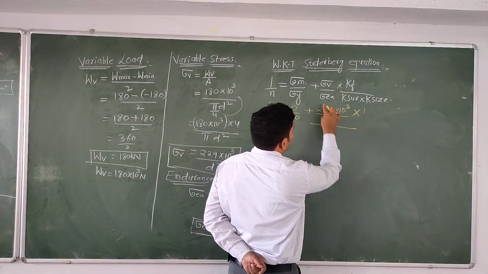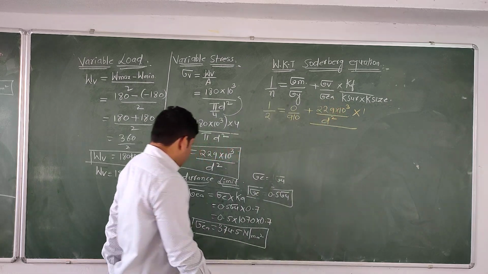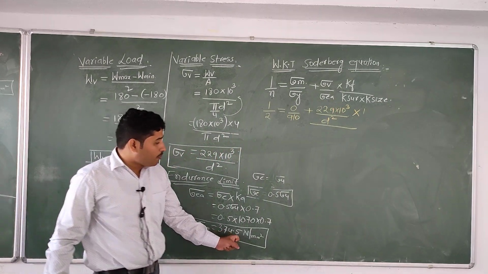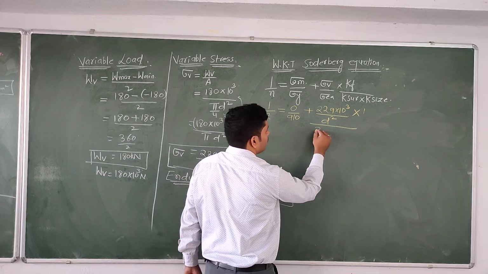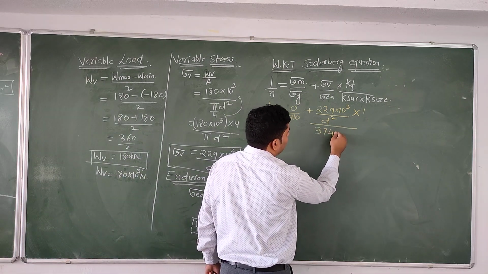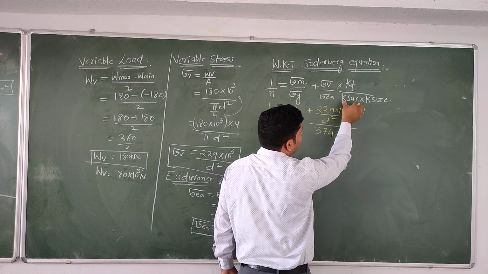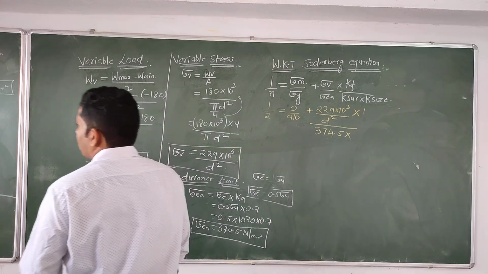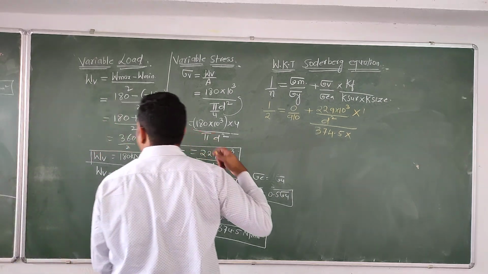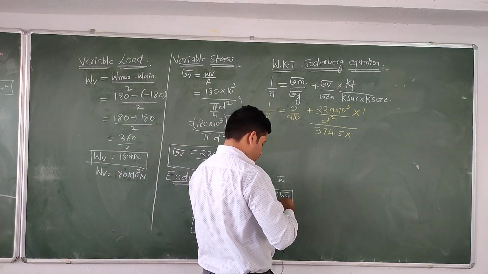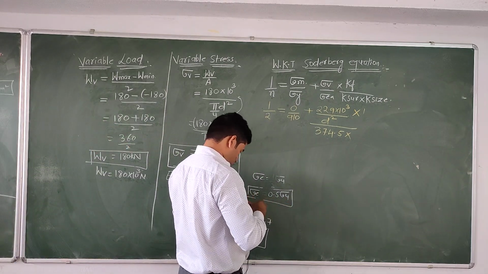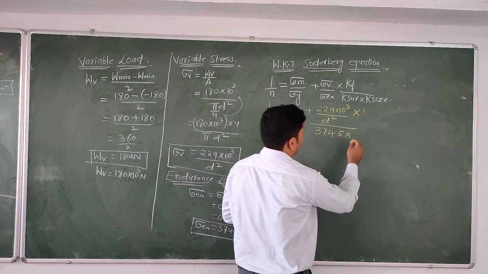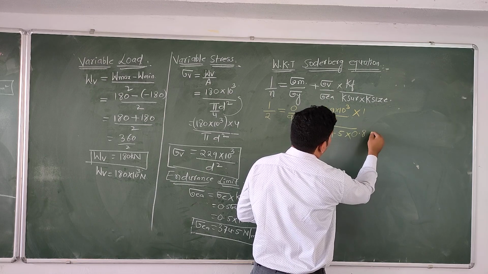Divided by sigma EA. Sigma EA we got as 374.5, into K surface finishing factor. How much did we get here? 0.8.